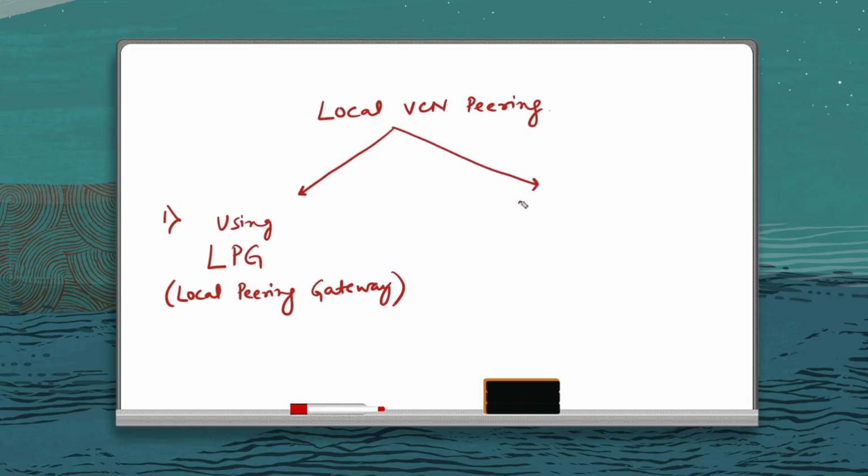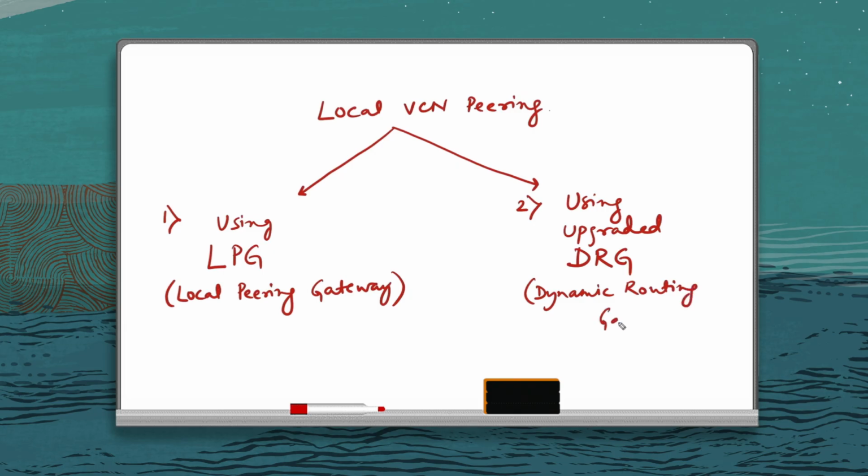And the second option is we can also use upgraded dynamic routing gateway. So there are two ways in which you can configure local VCN peering.